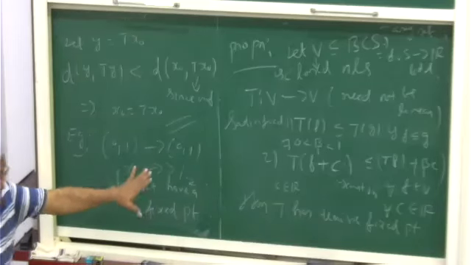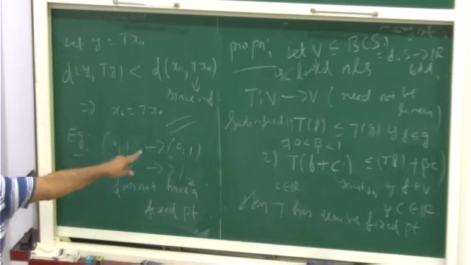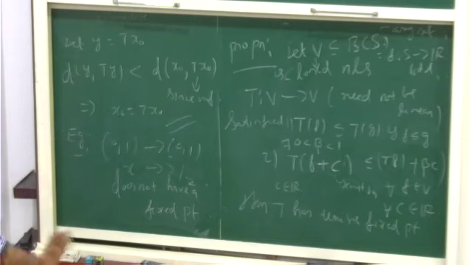We have all these conditions. Using these conditions, we will only prove T is a contraction with the constant beta. That's all. Where are we getting completeness? Closed means completeness. B(S) is complete. Something closed is complete, so V is complete.